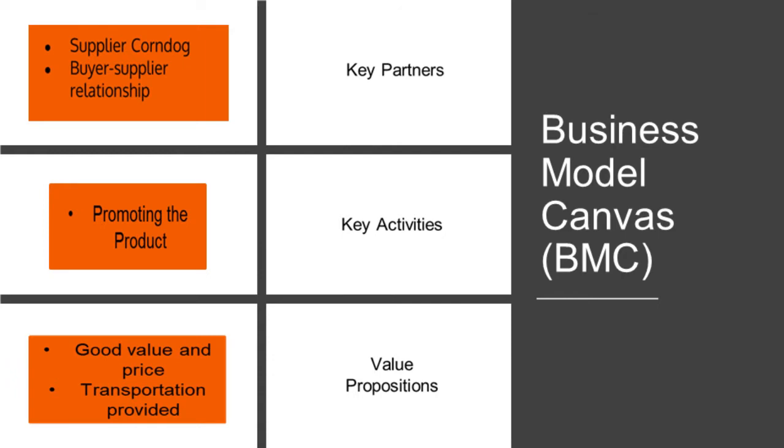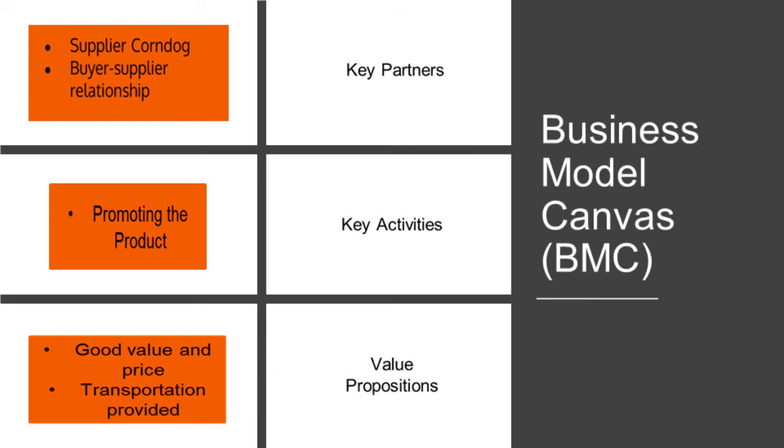First is key partners. Key partners are the relationships that we have with other businesses, governmental, or non-consumer entities that help our business model work. There are four types of partnership: first, strategic alliances between non-competitors. Next is competition.